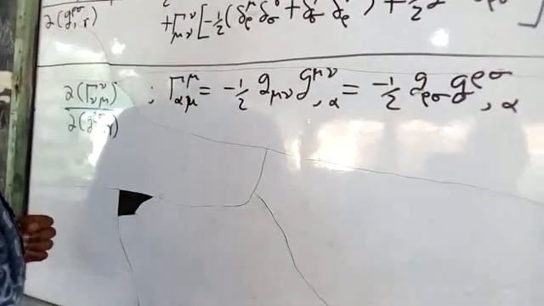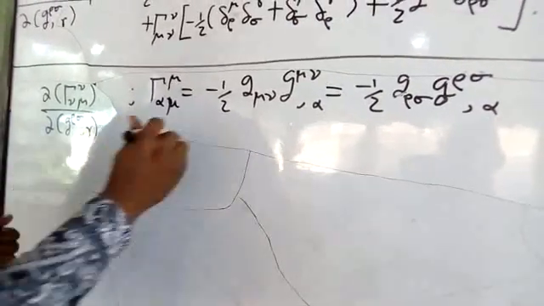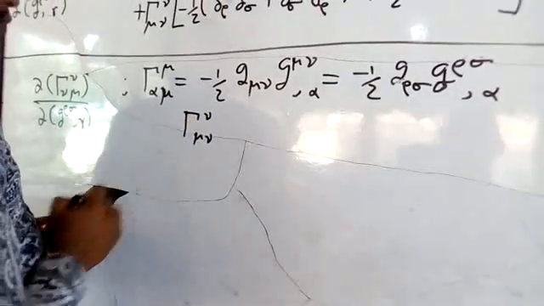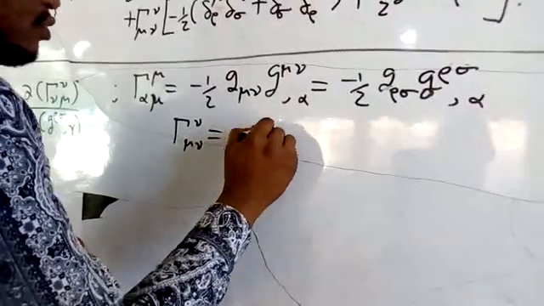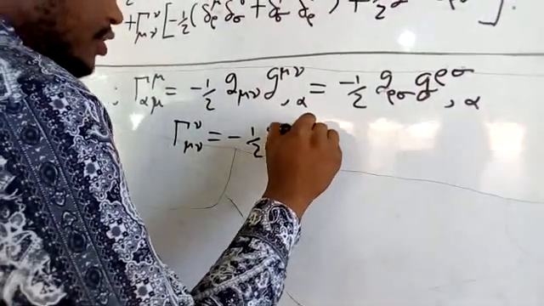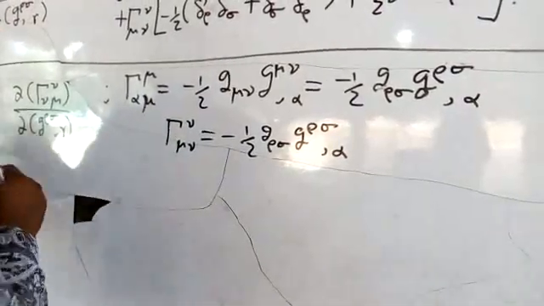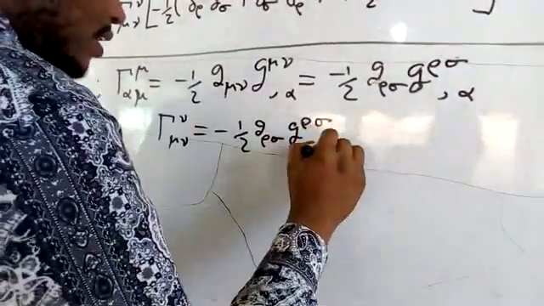But what are we talking about here really? What we're talking about here is we have an expression. This is Γ^ν_{μν}. In other words, I could write this the same as minus 1 over 2 g^{ρσ} g_{ρσ,α}. No, not α, it can't be α this time around. It must be the μ, which is not contracted. It must be the μ.